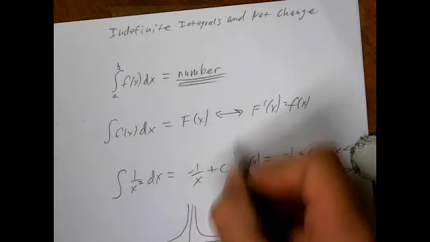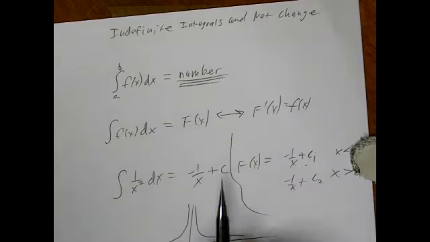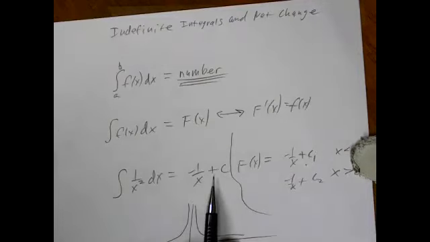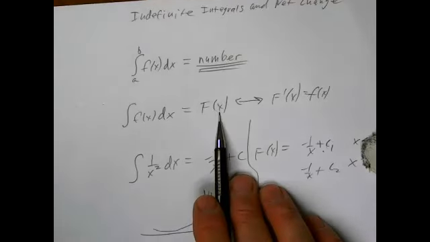So there's always a plus c placed on there so that this will fit any function that works in this equation. And that's why I say that when you take a definite integral, you get a numerical answer, and when you take an indefinite integral, you get a function answer.